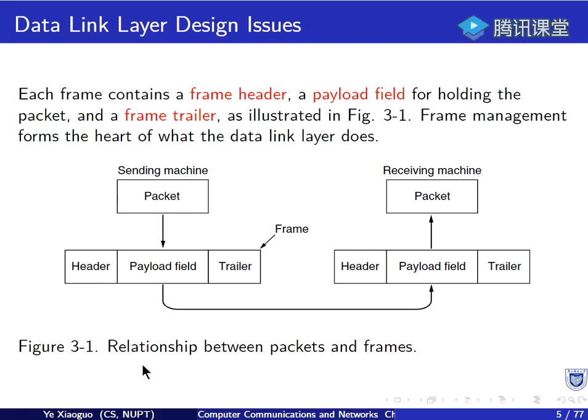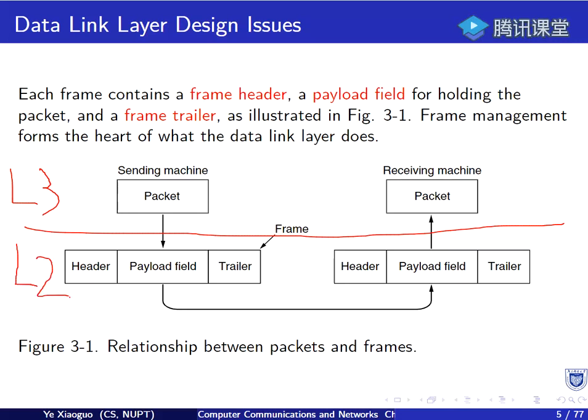This figure shows the relationship between packets and frames. Packets are usually in layer 3, the network layer. Frames are in layer 2, the data link layer.